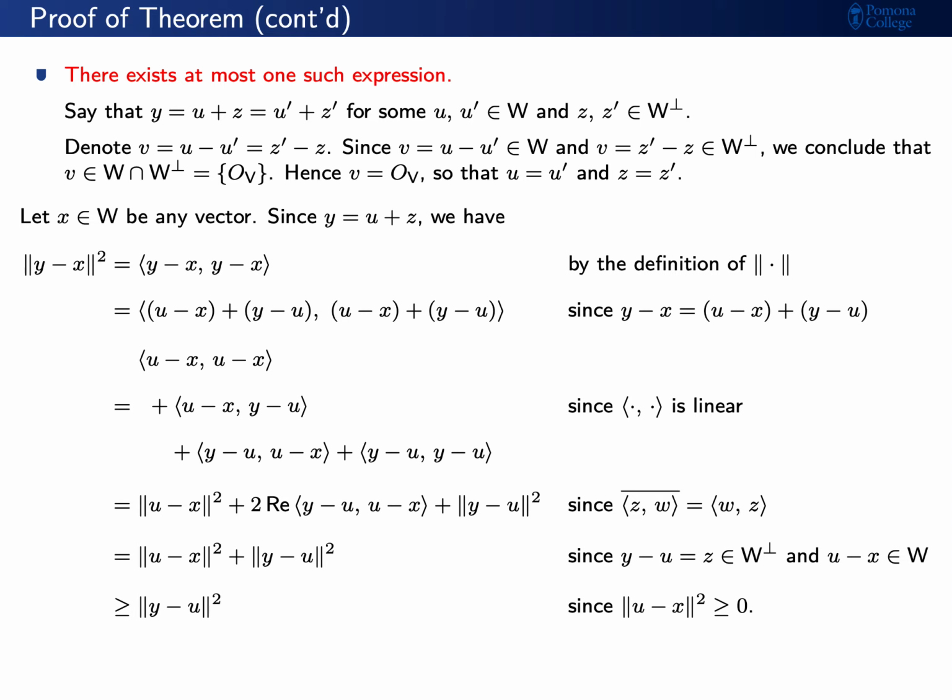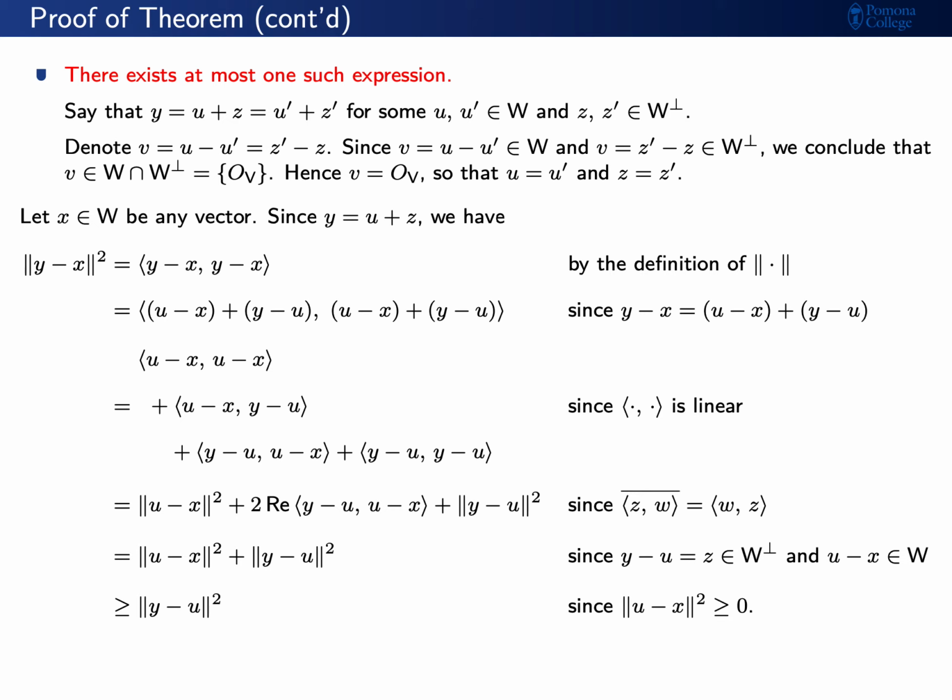Now, u minus x must be in capital W because both u and x are in our subspace W. Y minus u must be in the orthogonal complement because based on our notation, y minus u is equal to z, and z is by definition in our orthogonal complement. But since u minus x and y minus u are in our different sets W and W perp respectively, the inner product of these two vectors must be 0.